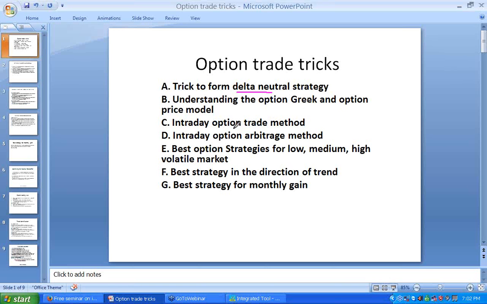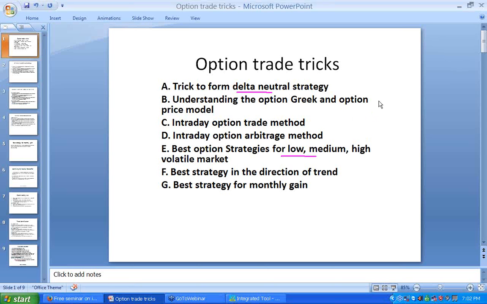And whenever we form with respect to volatility, we must initiate with respect to vega neutral. Whenever we wish to make money from time value decay, we have to make it theta neutral.